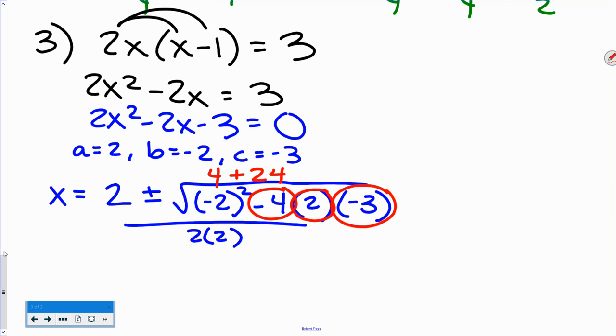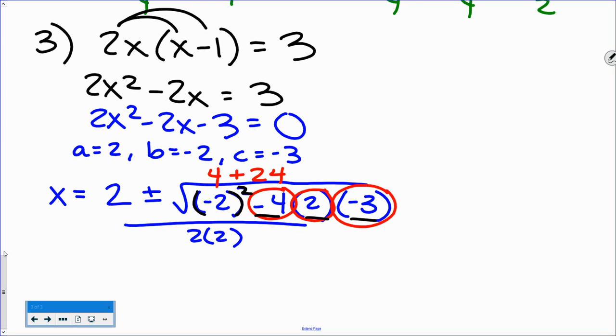So you can either take those negatives and multiply them together, or you're thinking of it as 4 times 2 is positive 8 times negative 3 is a negative 24. So I'm subtracting a negative 24, which turns into plus. So careful with that. I usually see these are the biggest errors. Not using parentheses here, and then not paying attention to your signs.